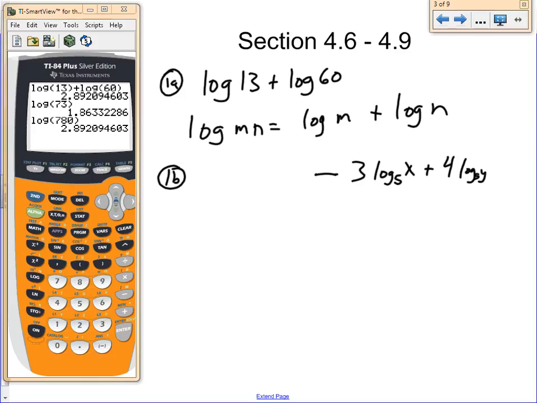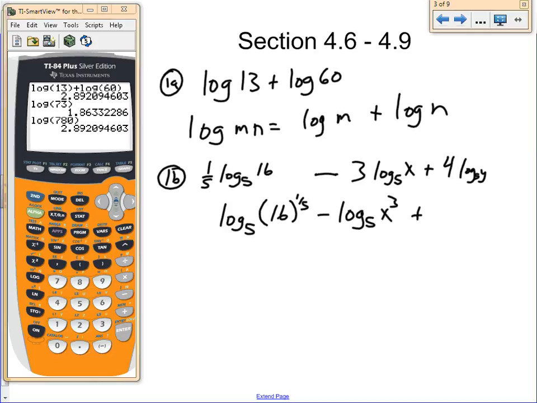So if we had the fifth root of log base 5 of 16, 1/5 times log base 5 of 16, at some point that used to be the fifth root of 16. Okay, so I'm going to have the log base 5 of 16, the 1/5 root, minus, if that's a minus, goes on bottom, log base 5 of x cubed, see down in front, plus log base 5 of y to the 4th.